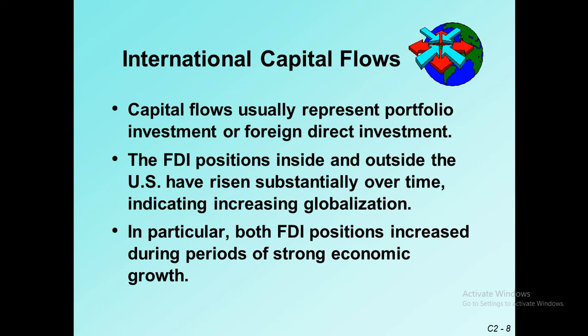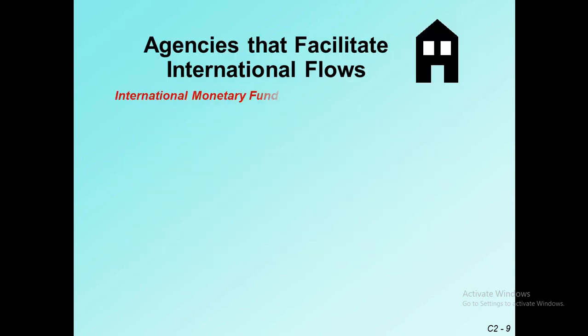Why? Because there is a stable economy in the world. If there is a financial crisis or economic downturn, then FDI will not flow. Capital will not flow. So this is called international capital flow.